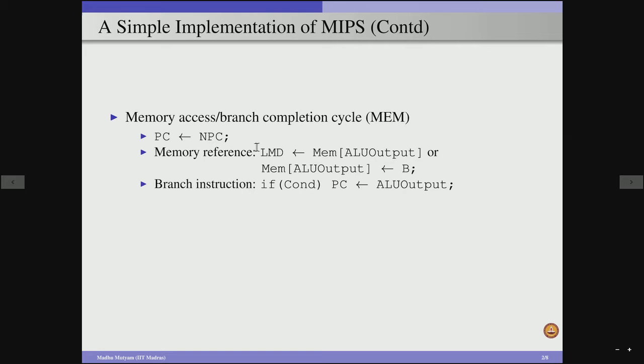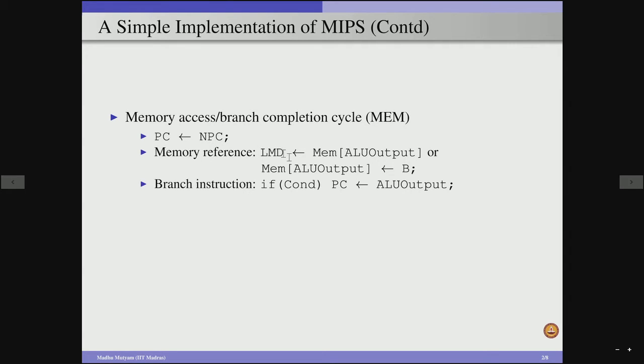and we perform the actual memory reference operation. If it is a load instruction, then based on the address stored in the ALU output, which is calculated in the previous stage as part of effective address calculation, we get the content from that memory location, and that data is stored in the load memory data register, which is another temporary register.